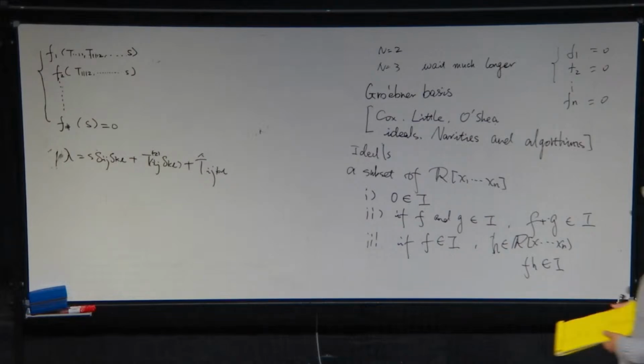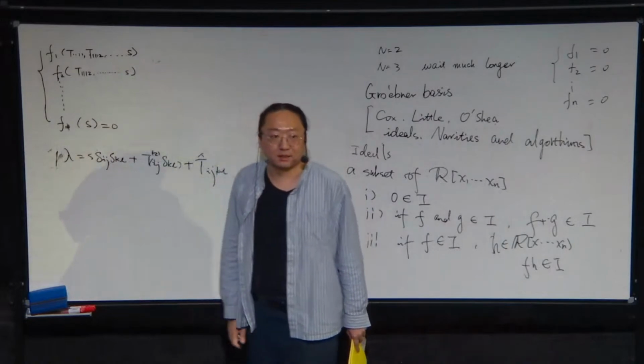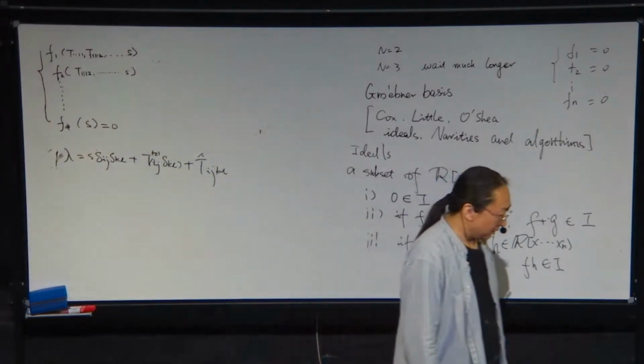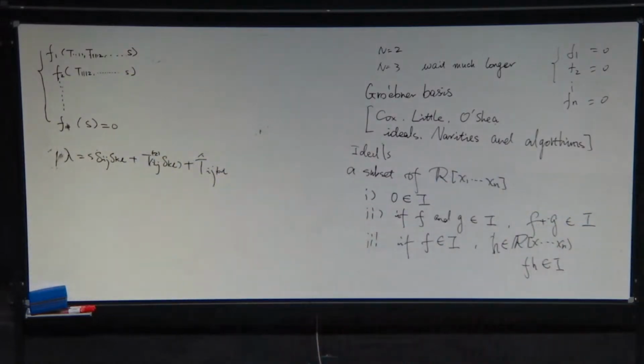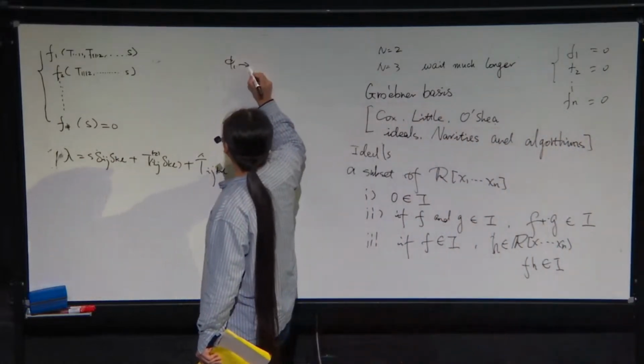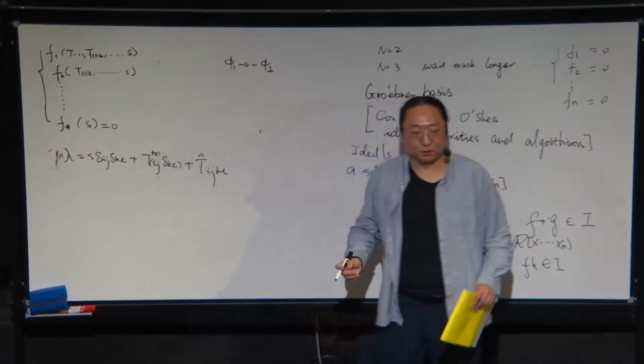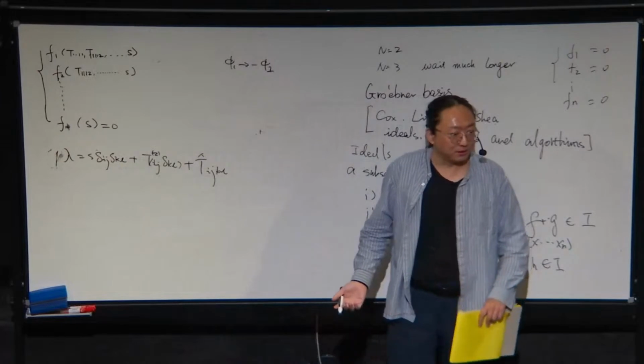I think the reason is really related to the fact that these degrees are really high, and it's really hard. We are not very sure about how to proceed. One thing you can do is to impose some extra symmetry, for example requiring phi 1 goes to minus phi 1 to be preserved, which would reduce the number of variables in your system.